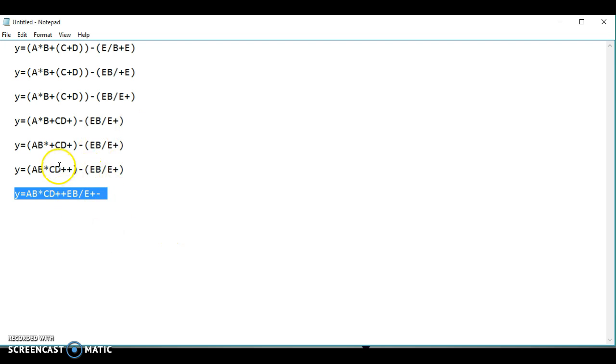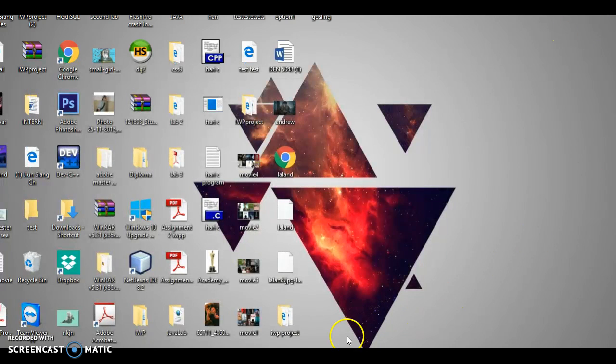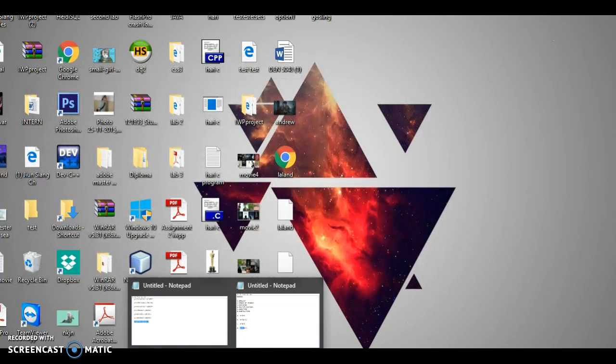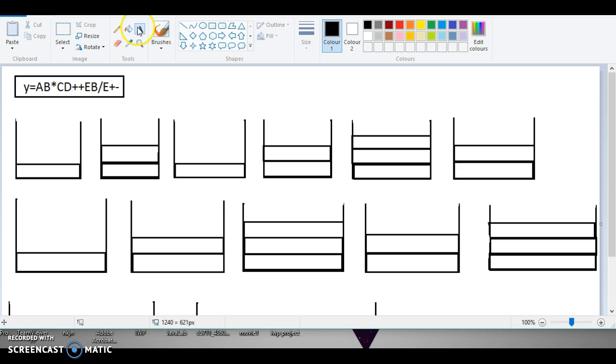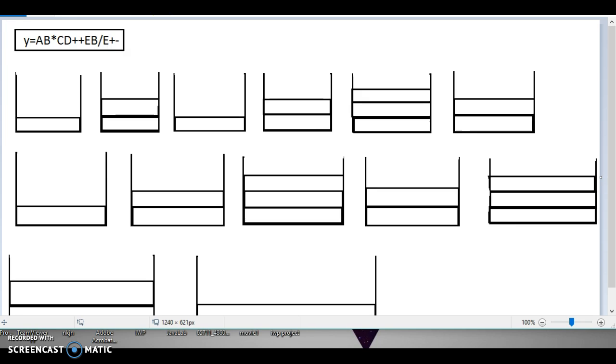Based on this, now we can do our stack diagram. This is the postfix notation we found earlier. A stack diagram is actually a container.